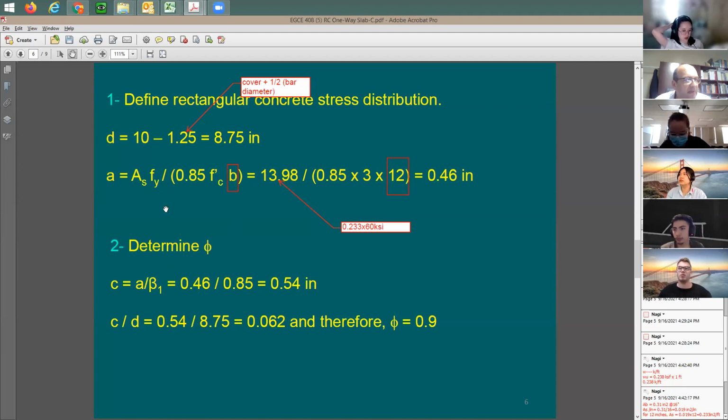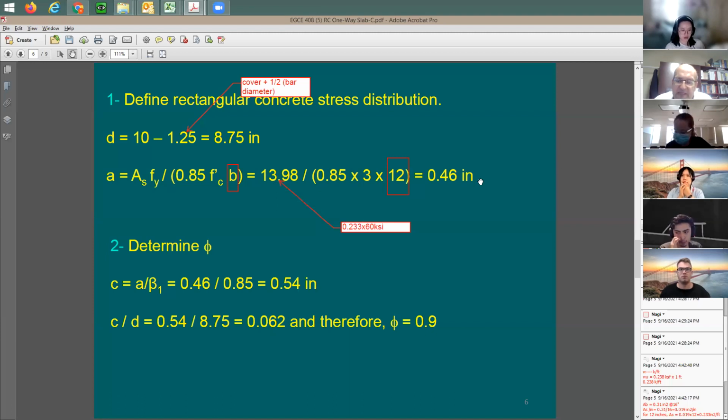Now, before I go through this phi determination, think about a depth of 8.75 and a compression block depth of like 1/2 inch. Where do you think your phi factor is going to be? Let's say the phi factor is going to be so high, because look at the ratio. You remember the ratio of the depth to c, the neutral axis depth?